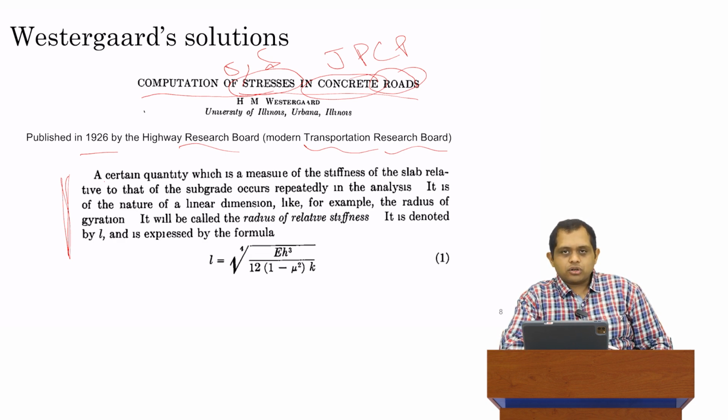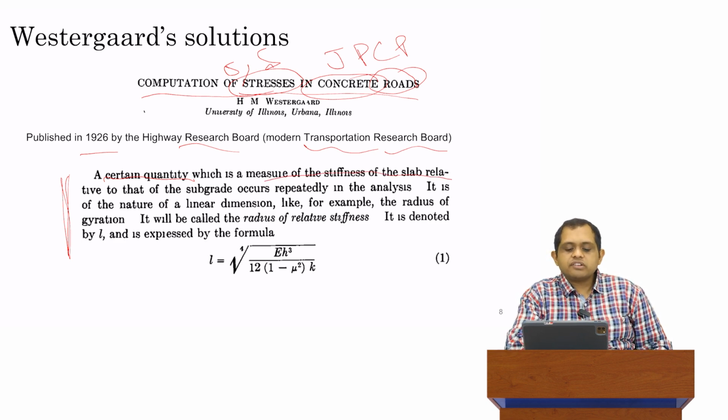So he writes as follows: a certain quantity. He's not ascribing any special behavior to that quantity, it's just a particular quantity. A certain quantity, which is a measure of the stiffness of the slab relative to that of the subgrade, occurs repeatedly in the analysis.